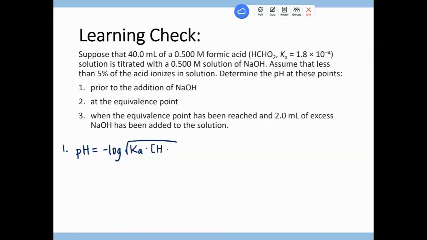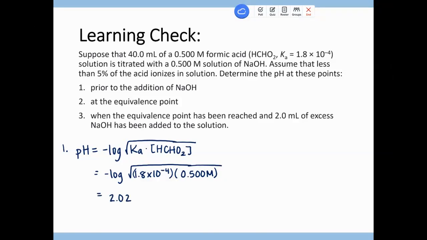In this case, the HA is HCHO2. All right, so negative log of Ka 1.8 times 10 to the negative 4 times initial concentration 0.500 molar. So pH initially is 2.02.